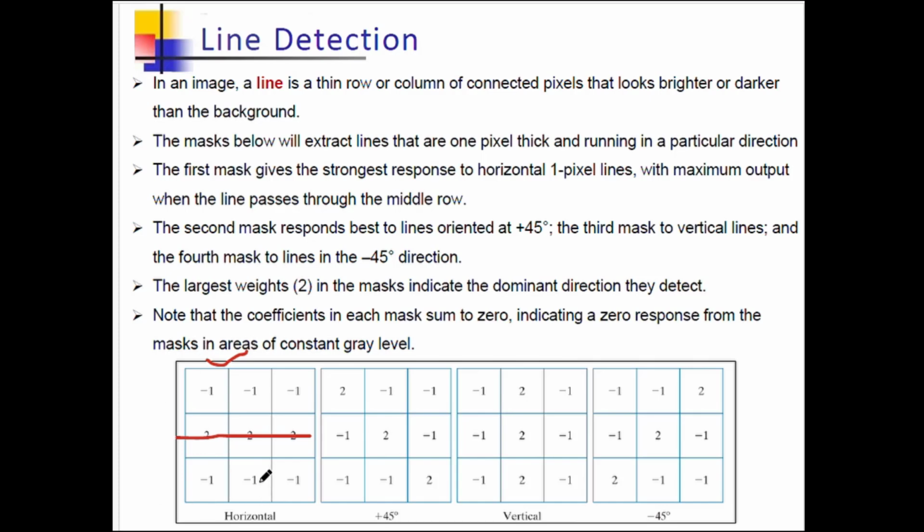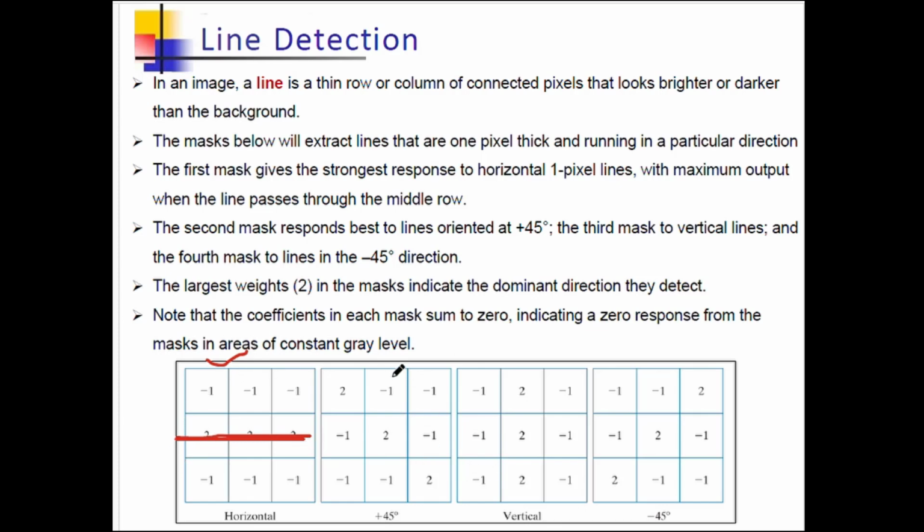Like the point detection, even this I will explain. If you apply this mask on an image, you can identify a line when that line passes through the middle row. So this middle row is horizontal. This mask is used to identify the horizontal lines.